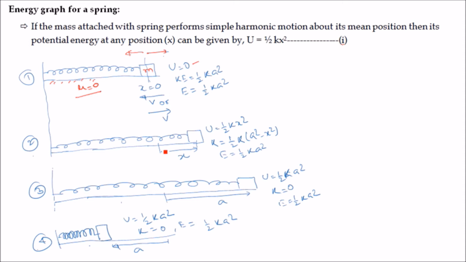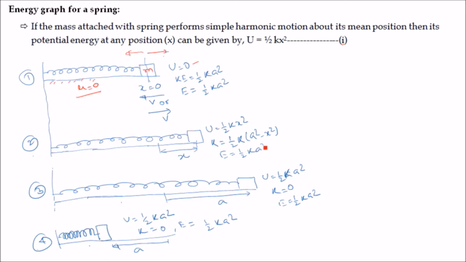Second case, just consider when the object has moved x distance from its mean position in the positive x direction. So clearly the spring has expansion equal to x, and in this case the potential energy is equal to half kx square.